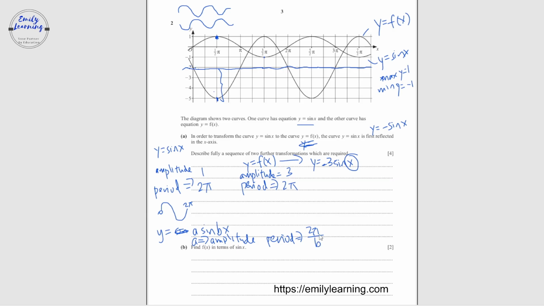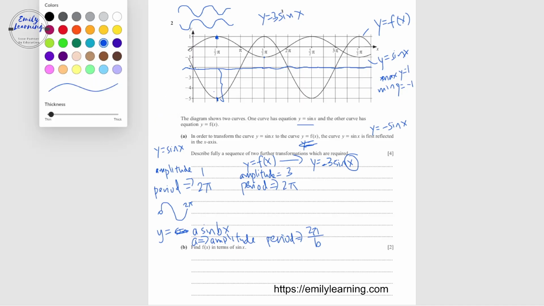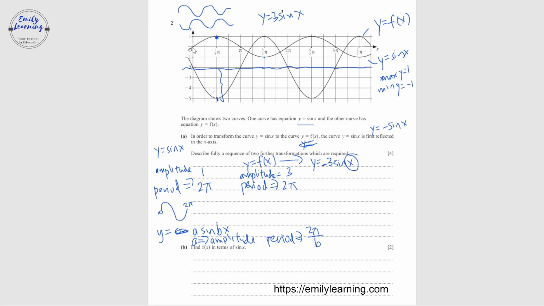Alright, with that being said, let's take a look at the next thing. What do we need to do? Well, we need to take a look at this equation, right? Now I know that if I have y equals negative 3 sine x, it will look something like this. Maybe let me draw it here. So if I have negative 3 sine x, it should look something like this.